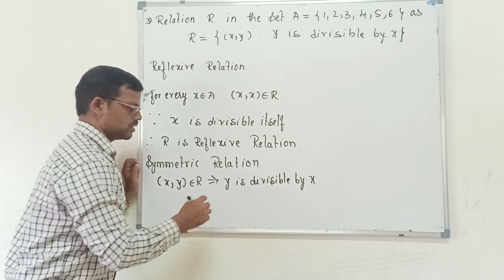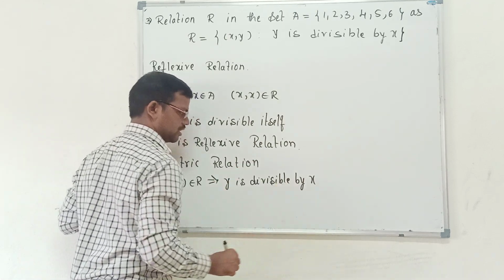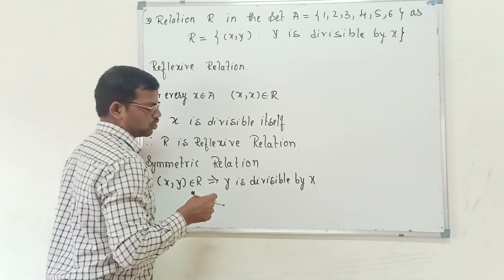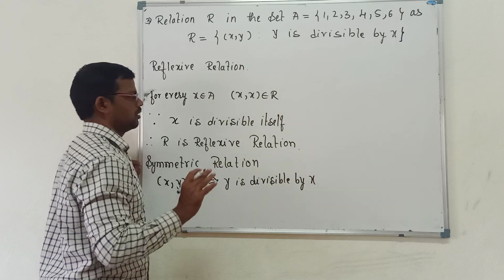If y is divisible by x, it means y can be expressed as a multiple of x. Whether it is possible to express x as a multiple of y? No, it is not possible.